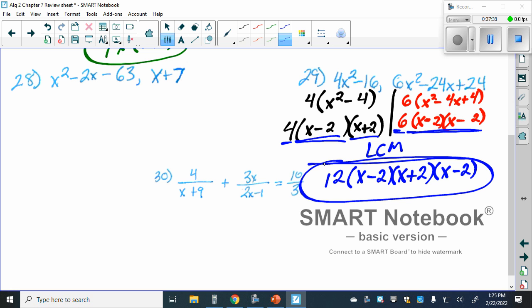So 12 times x minus 2 times x plus 2 times x minus 2 would be the correct answer. And as long as we have those, especially the x minus 2, x plus 2, and x minus 2, doesn't matter what order, as long as we have the x minus 2 twice and the x plus 2 once, that is perfectly fine. Any other questions on this here? All right.